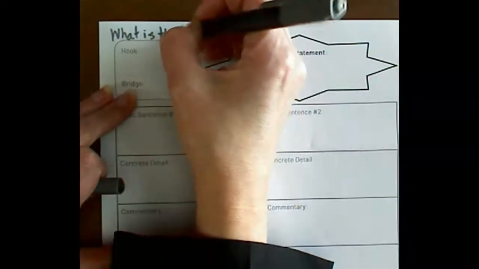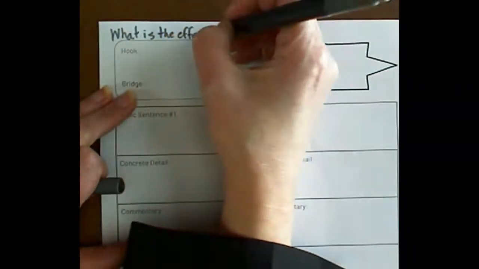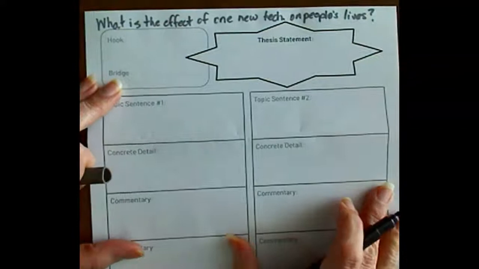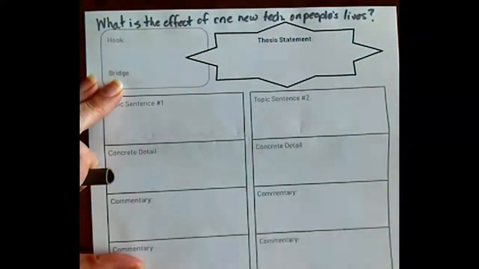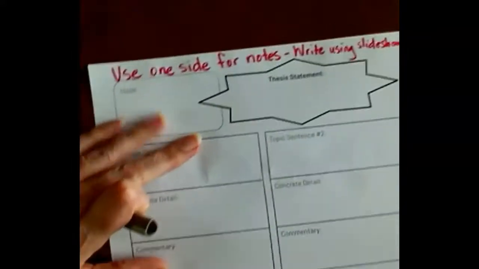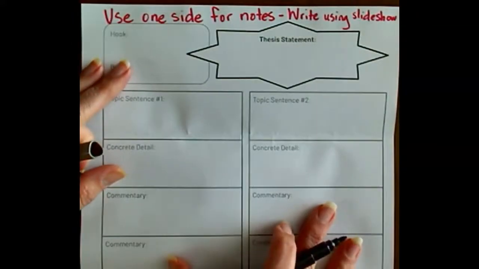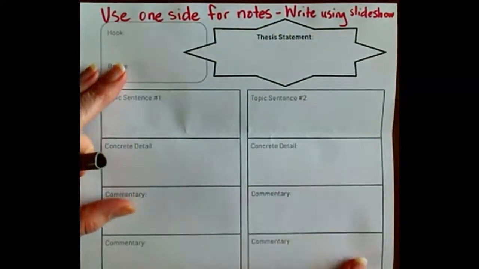You can pause it so that you can write your prompt. Okay, so we use one side for the prompt that we actually write to, and then we're using the other side for notes. Okay, so take out your graphic organizers.